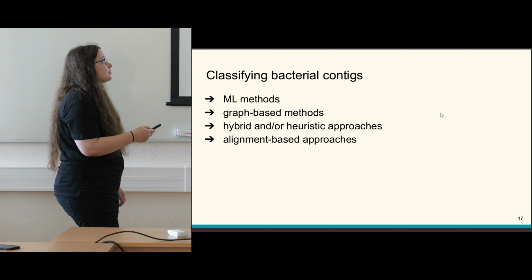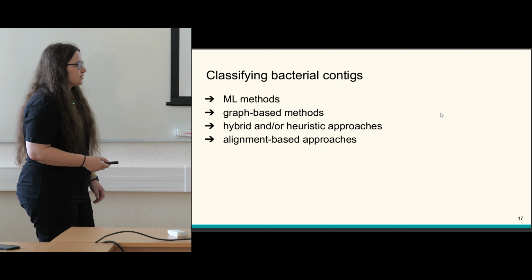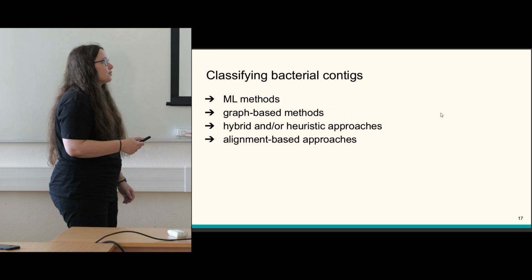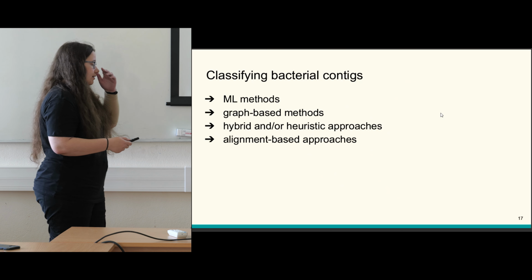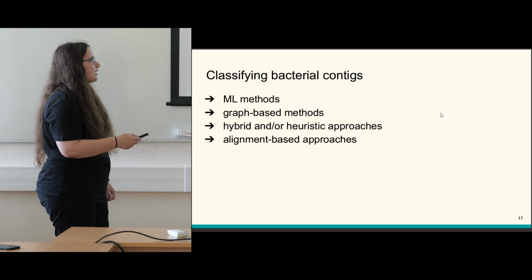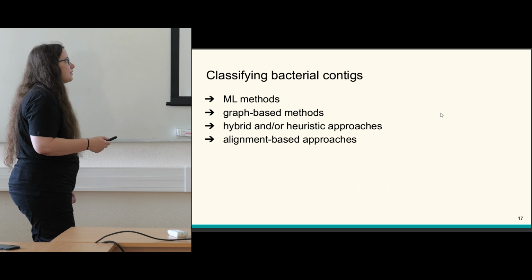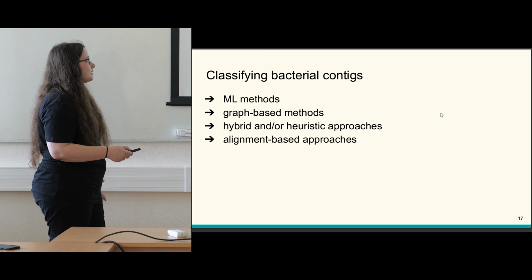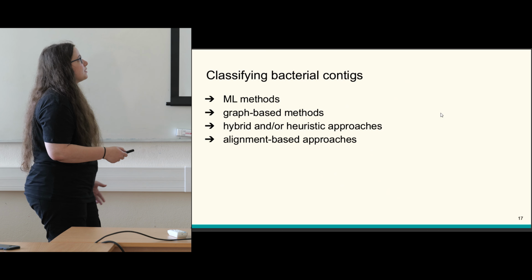And there are also alignment-based approaches which somehow use the databases of known plasmids, and they align the sequences to them. This way they can get some information about the reads.